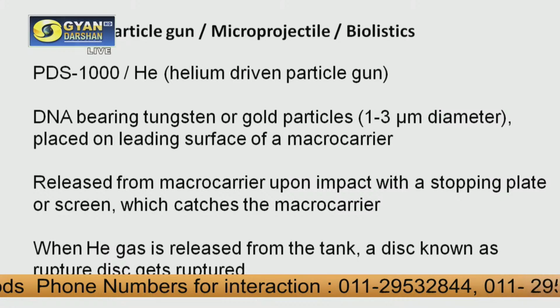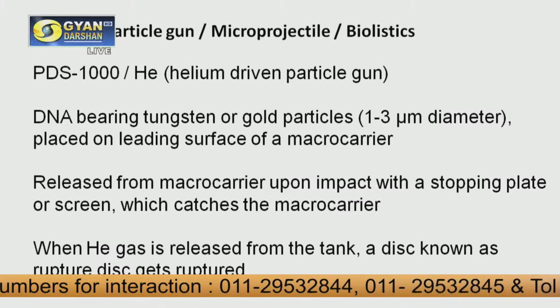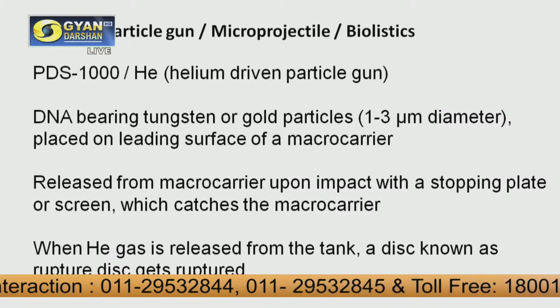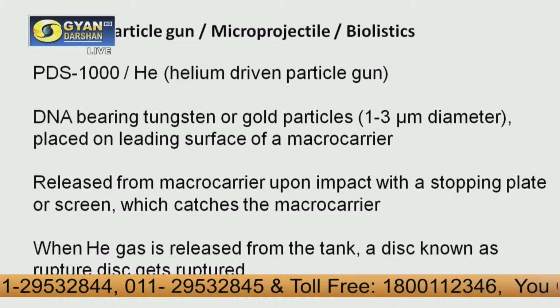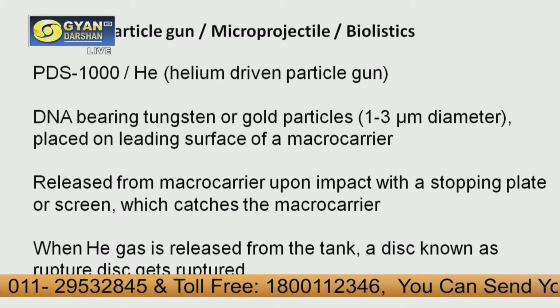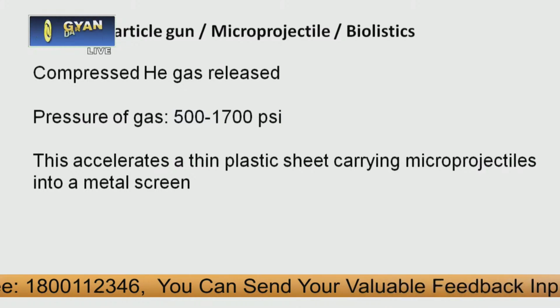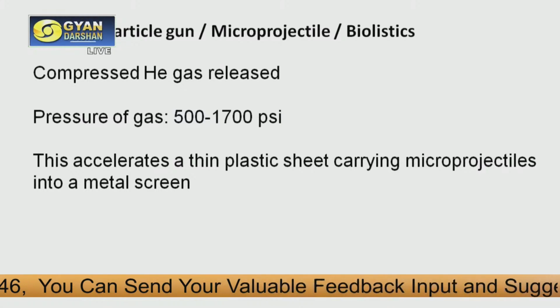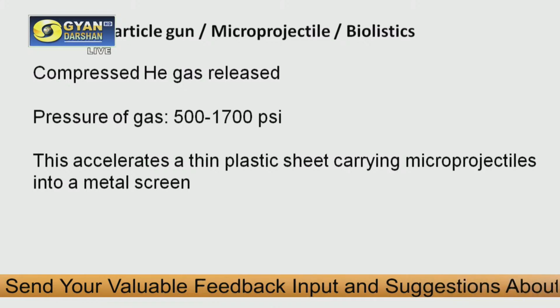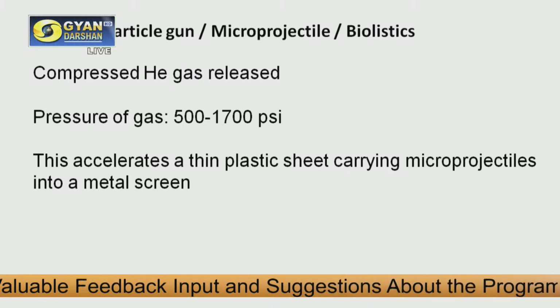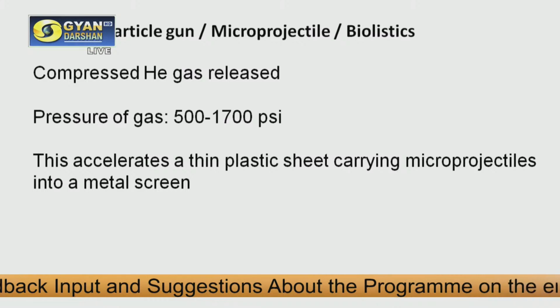And when helium gas is released from the tank, a disc known as the rupture disc gets ruptured. And the compressed helium gas is released, and the pressure of the gas is tremendously high, 500 to 1700 psi.